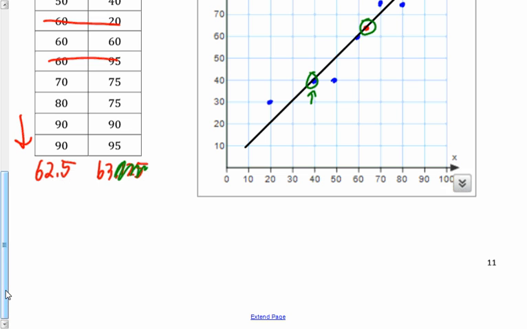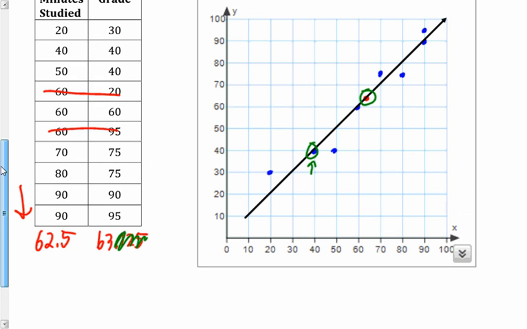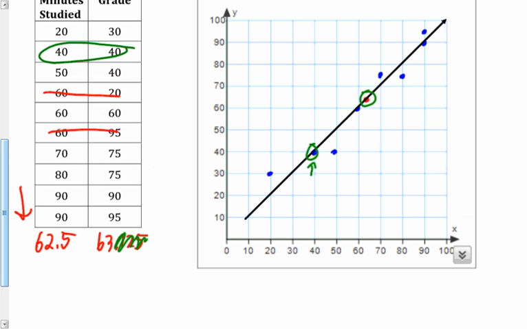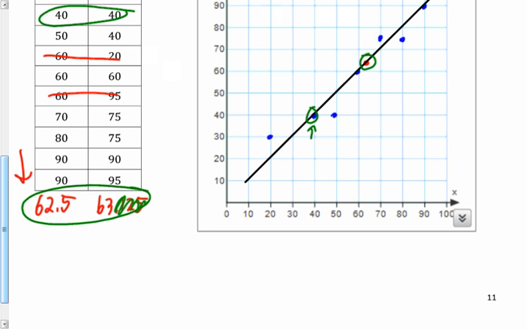So the points I'm going to use to get my slope of this line are this point right here, which is 40, and then my averages. So I'm going to take 63 minus 40 divided by 62.5 minus 40, and I'm going to use that for the slope.